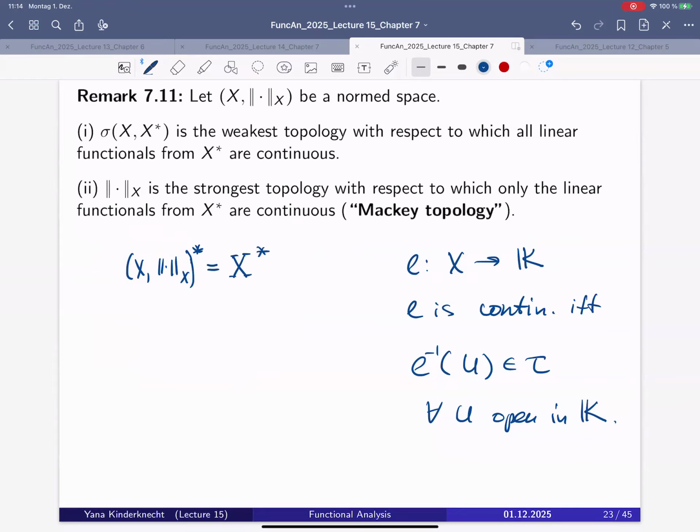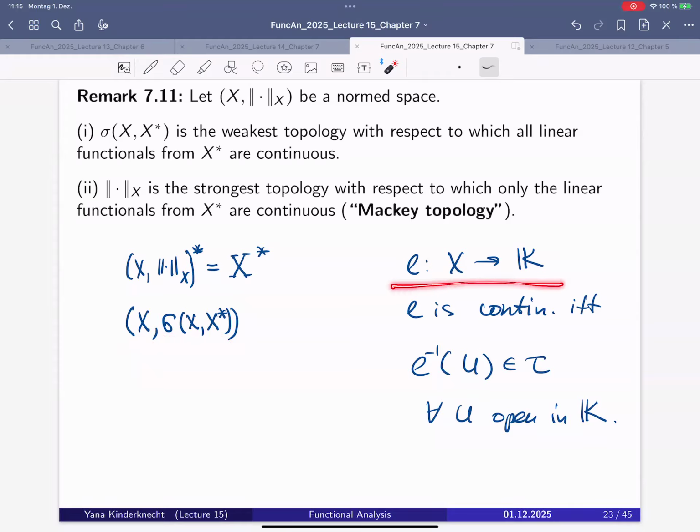Now we consider the space X and take another topology, for example this one. So this is a topological vector space, and we may consider its topological dual, that is the space of all continuous linear functionals on X, continuous with respect to this topology.